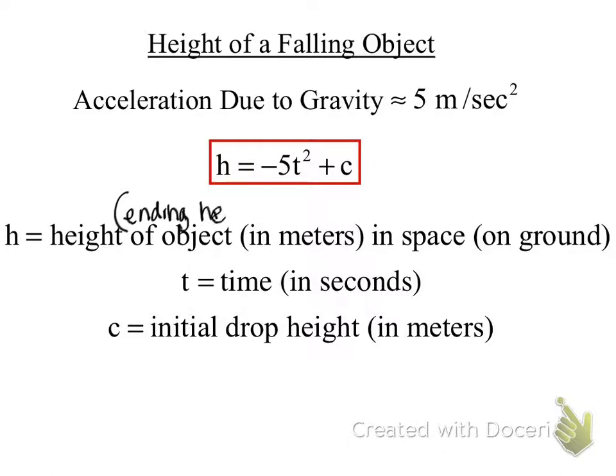Okay, do you understand what the word initial means? The word initial means starting. Your initial response, your starting response, your initial reaction, the first reaction. So this is your starting point. This is your ending. Does that make sense? Okay.